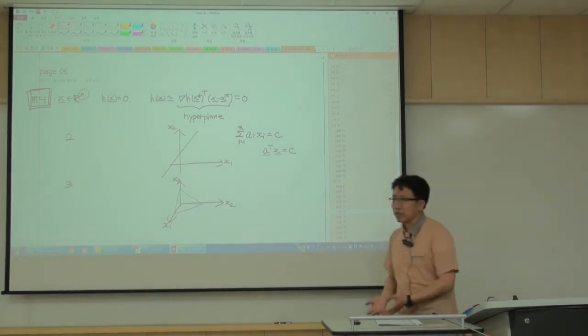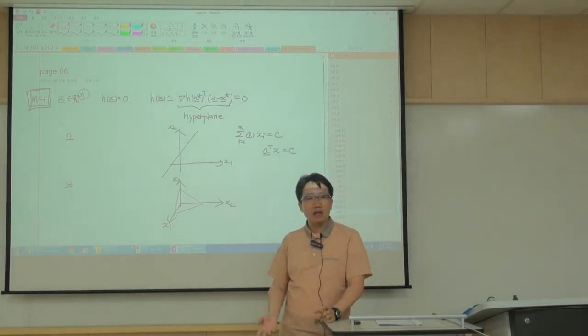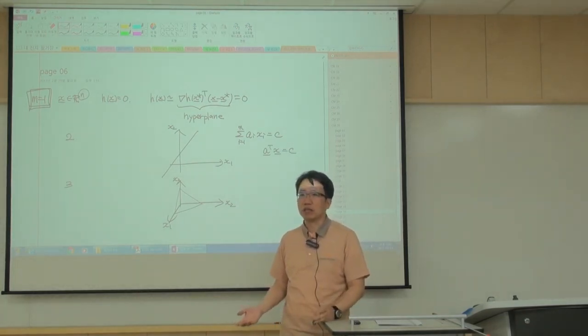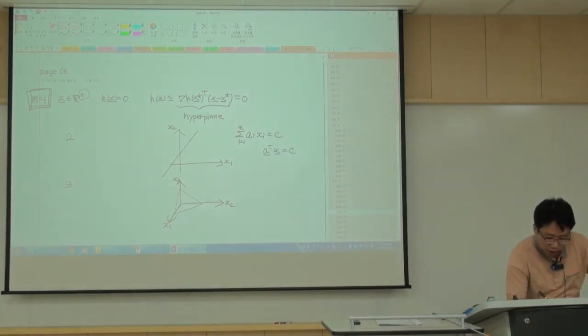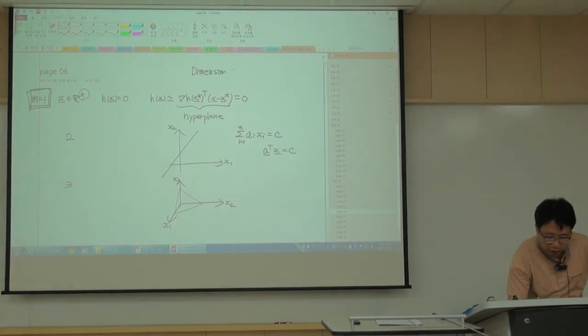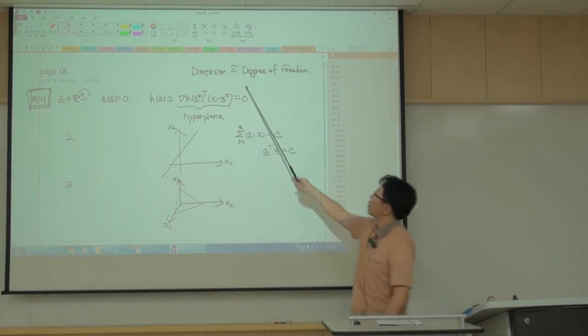It's complicated, right? In linear algebra, it's very simple. But if it is not, well, what does that mean? Sometimes you can interchange dimension with degree of freedom. Not always, but this is much easier to understand.